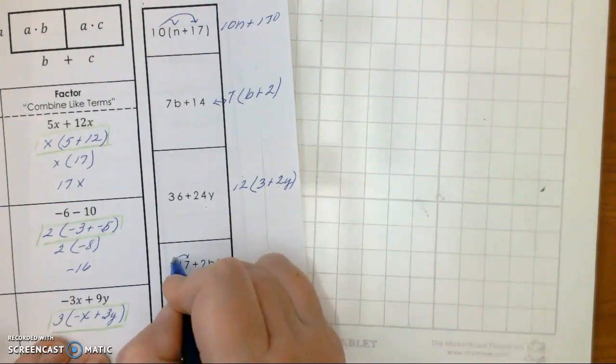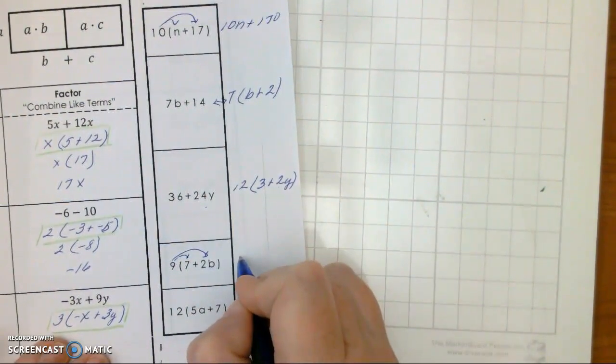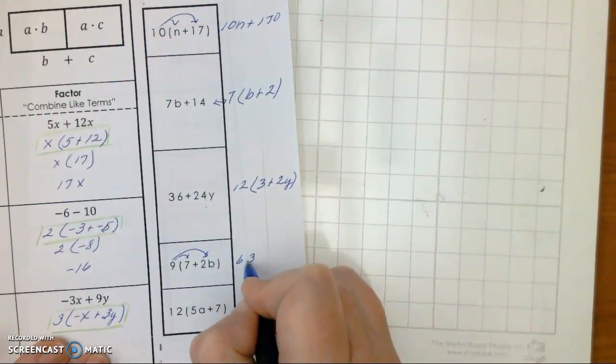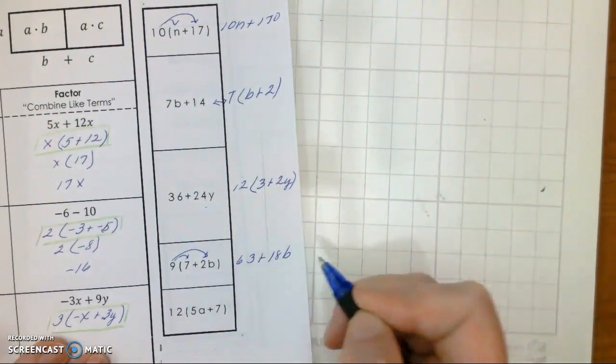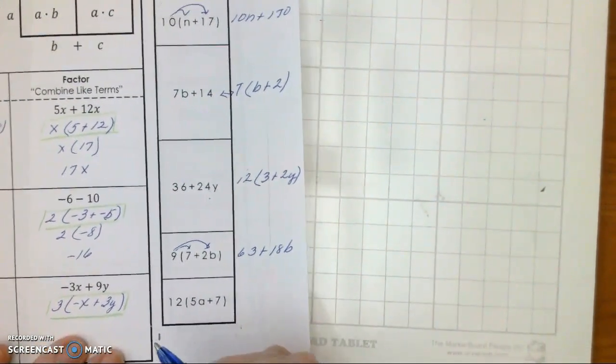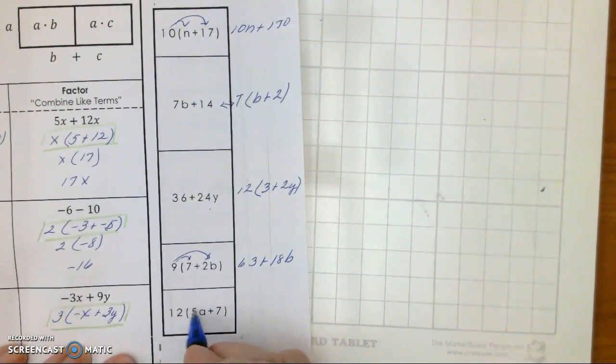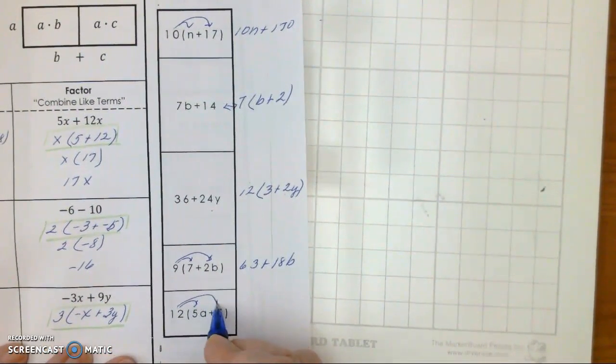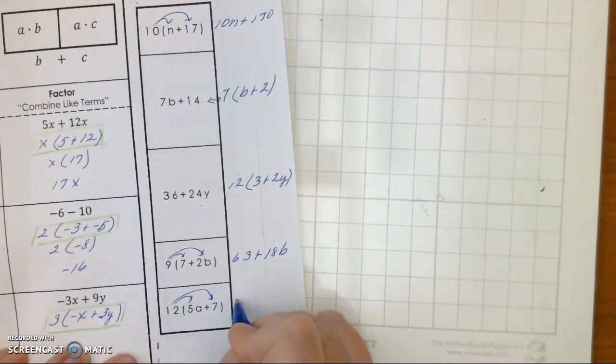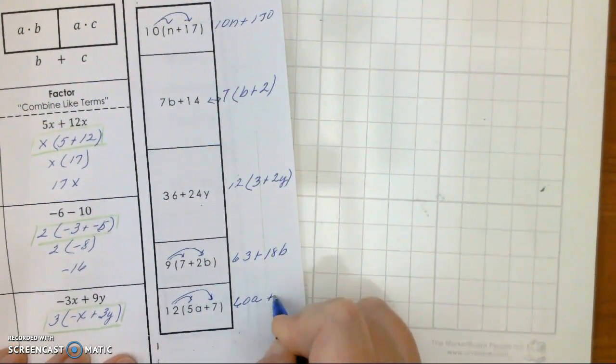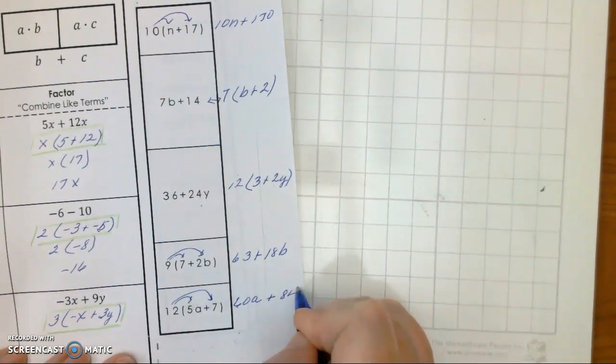So now this one goes, we just do the normal distribution. So it's 63 plus 18b. And the next one is 12 times 5a is 60a plus 7 times 12 is 84.